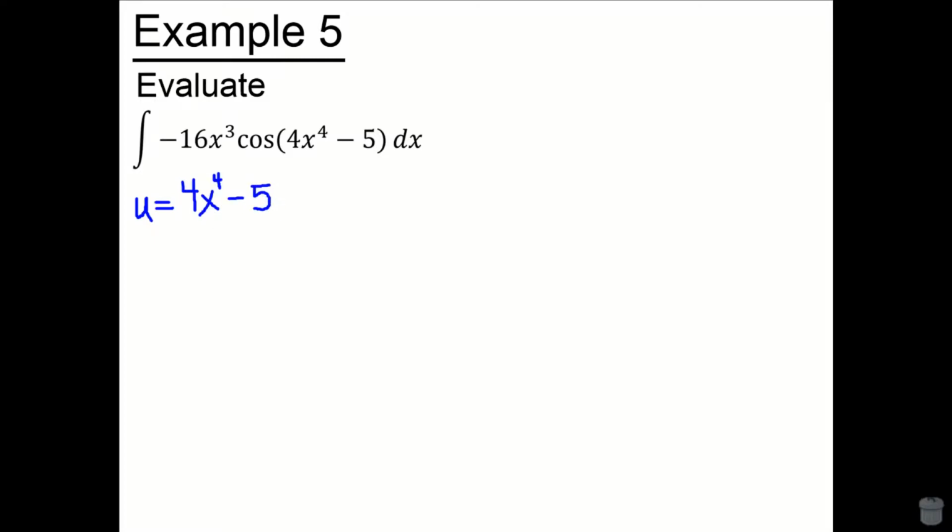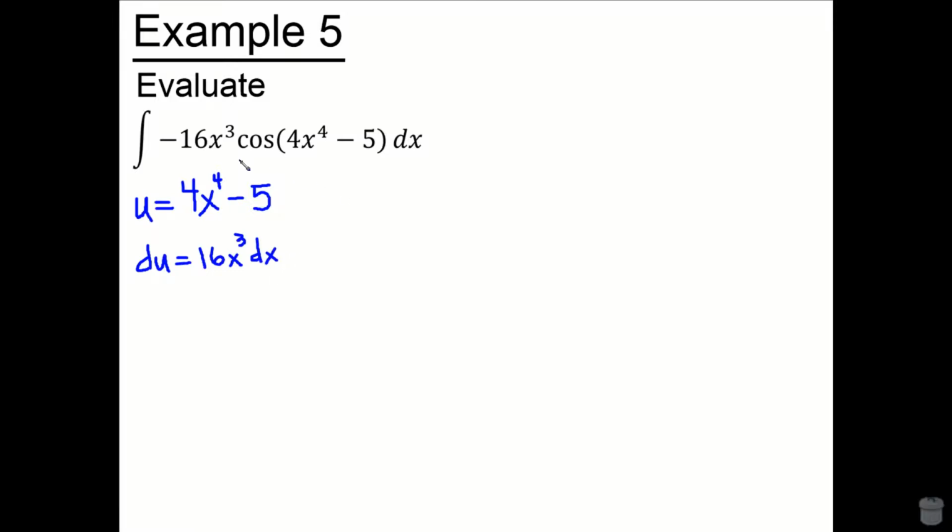If you see the pattern, usually u is the one with the function that has the highest exponent. If I take the derivative, du is going to equal 16x cubed dx.